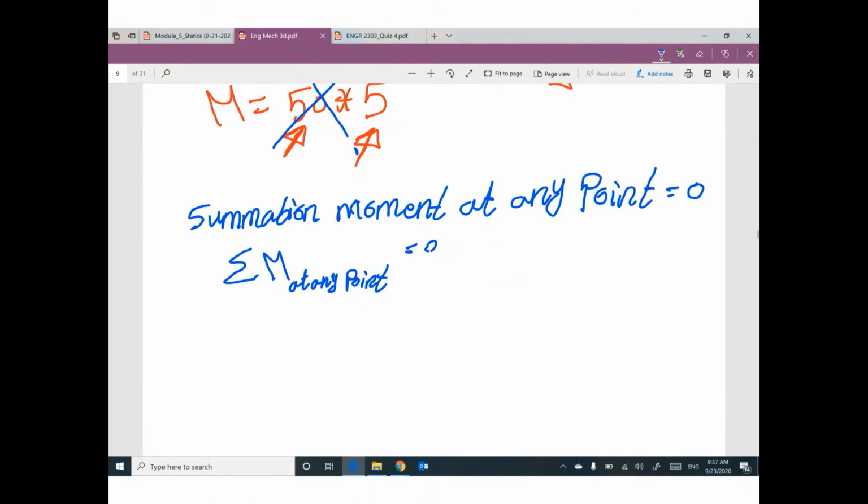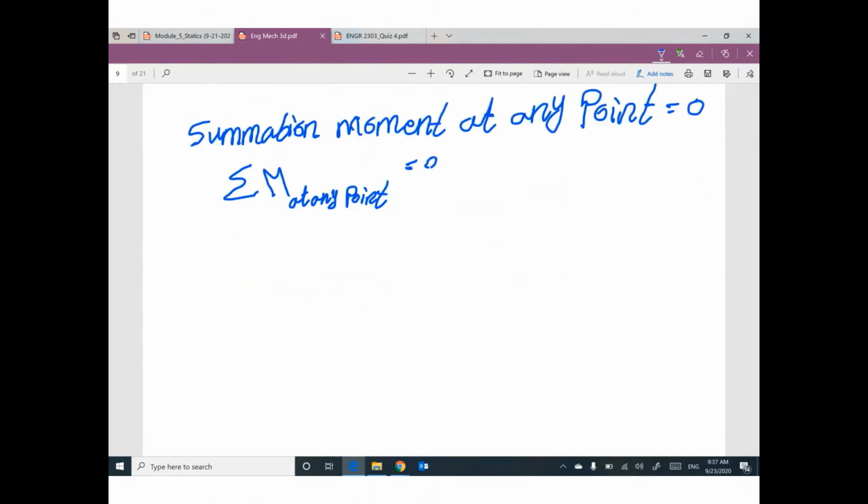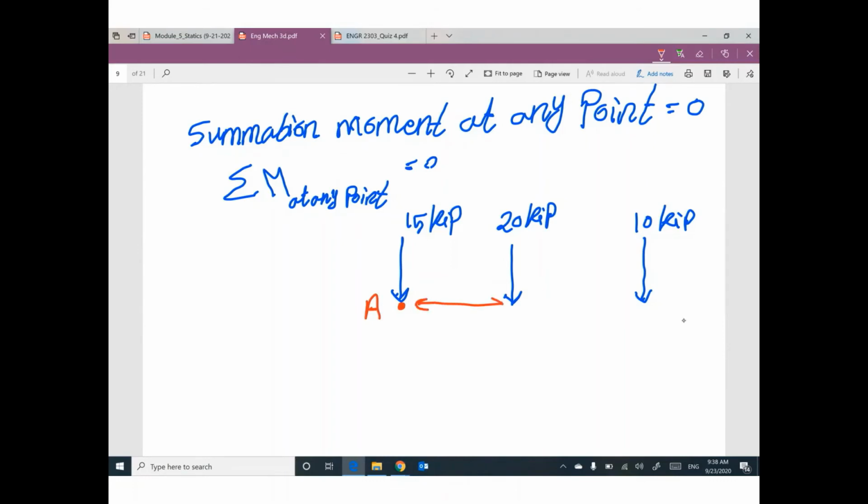Before going on in this problem, I have a question. If you have a force here, 10 kip, and we have another force here, 20 kip, and we have another force here, 15 kip, and we have a point here called A. And this distance equal 5 feet, and this distance equal 8 feet.